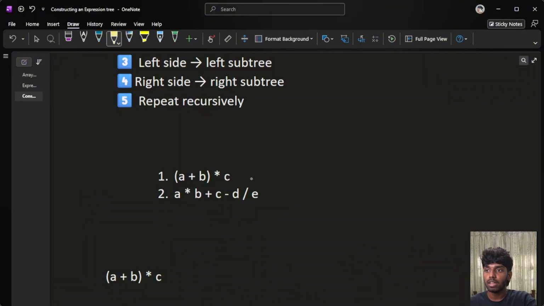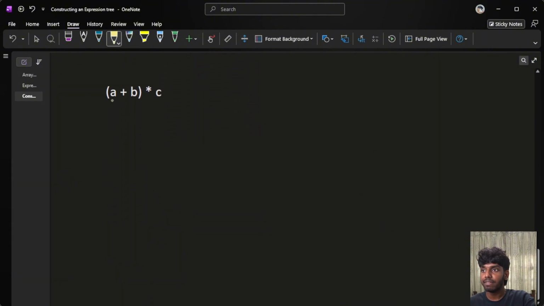For example, we have the first one right here, a plus b multiplied by c. When we do this, first we have to be concerned about the precedence. As you can see, we have the brackets right here, and the plus and the multiply.